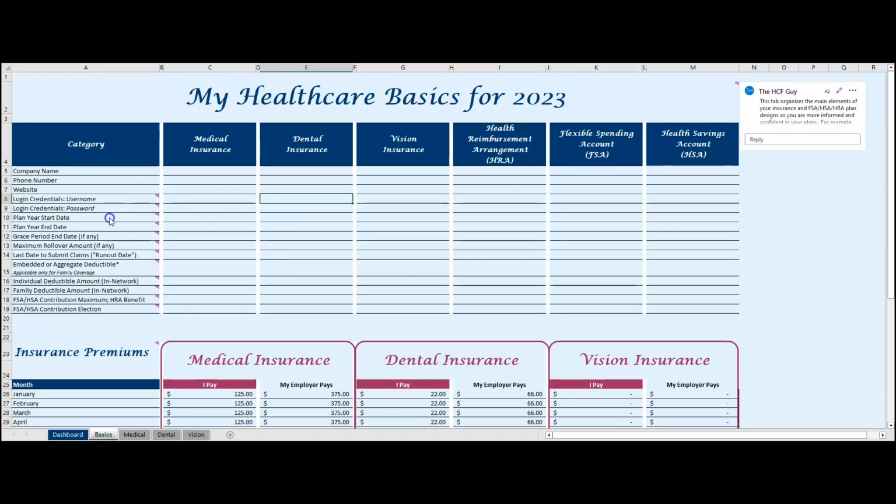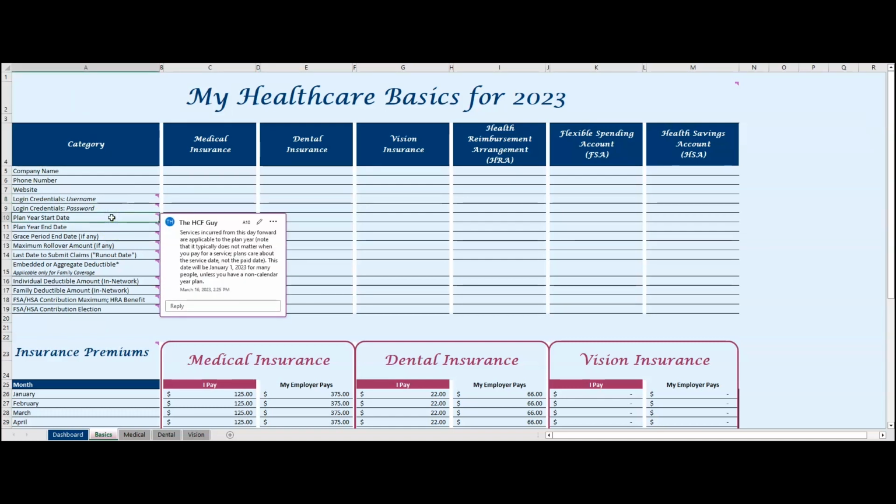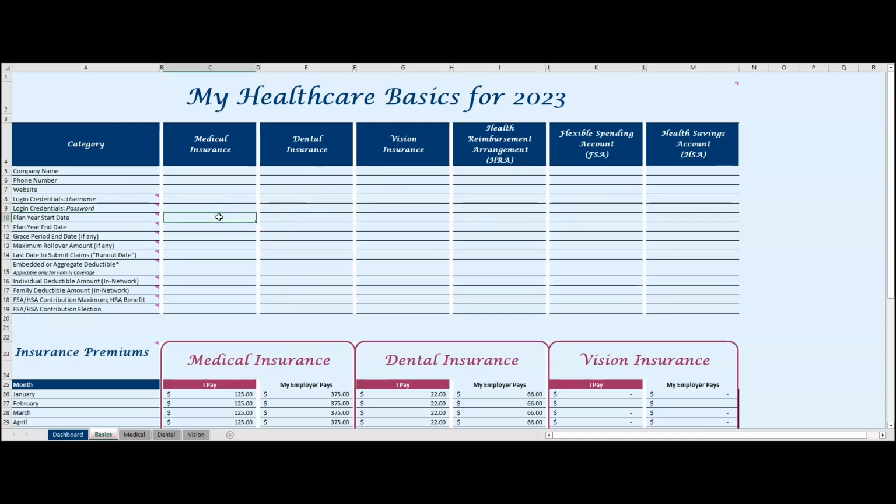The next row is the plan year start date. Now, if you have a calendar year plan, it'll be January 1st, 2023 for all of these, but some employers offer non-calendar year plans. So you'll want to make sure that you type in the correct first date.